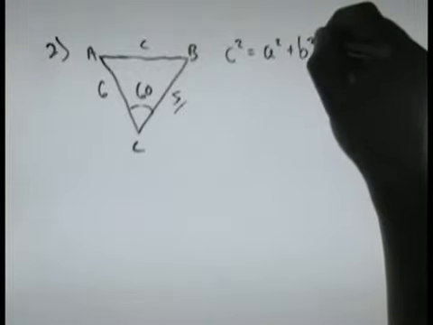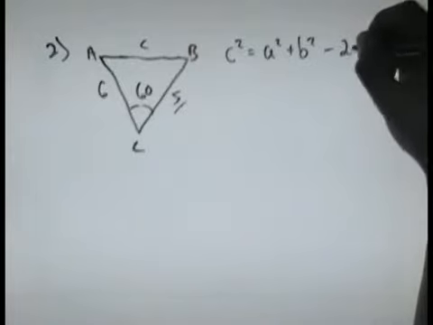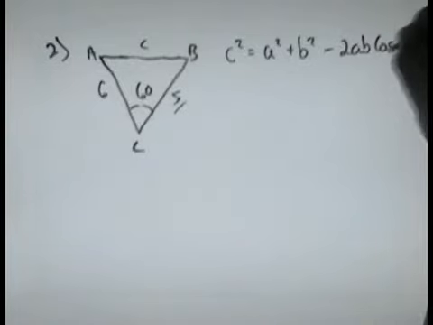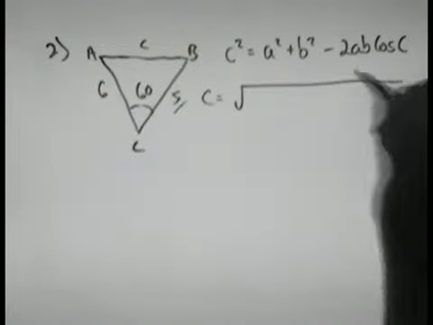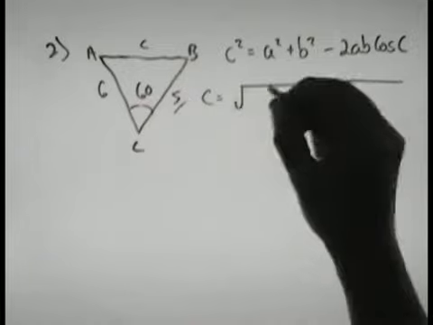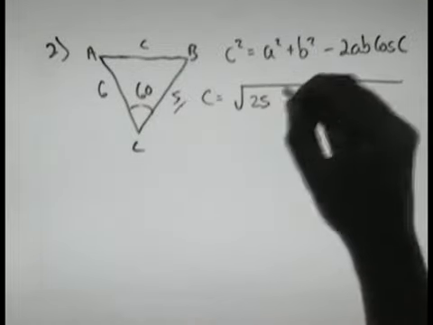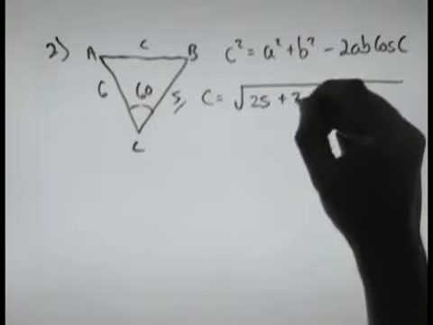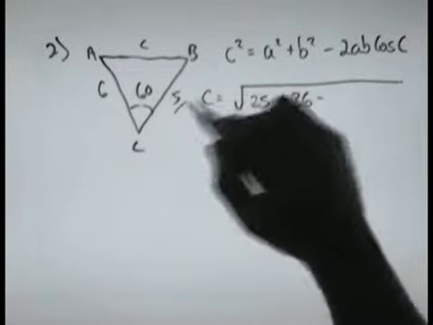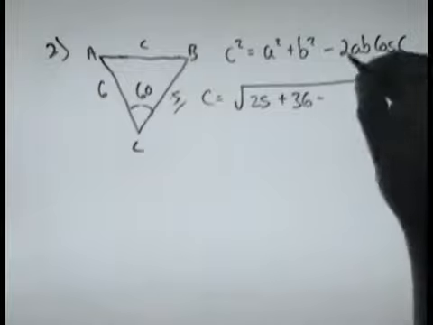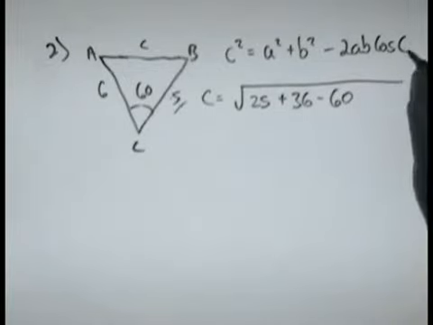to A squared plus B squared minus 2AB cos C, which means that C is going to equal the square root of A squared, which is 25, 5 squared is 25, plus B squared, or plus 36. A times B is 5 times 6, which is 30, times 2 is 60.